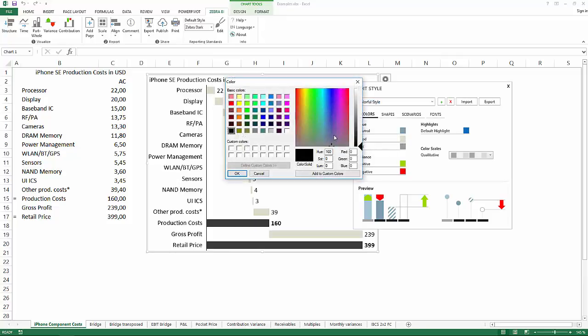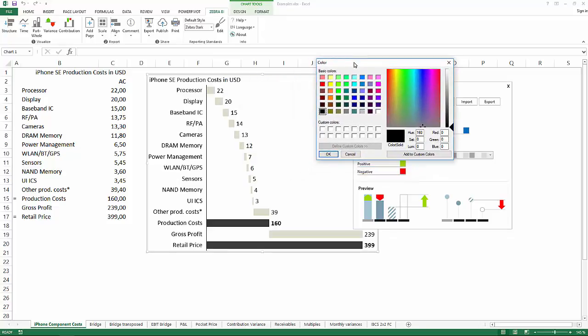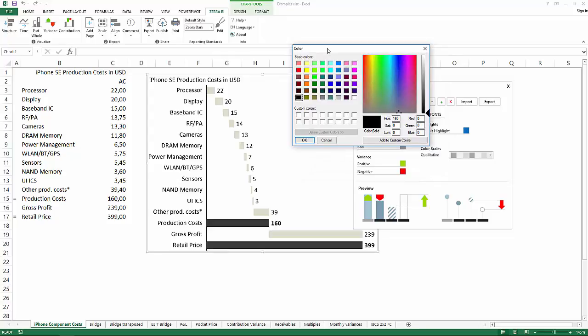You could use red and green, but I would actually advise you to reserve the red and green colors for variances.